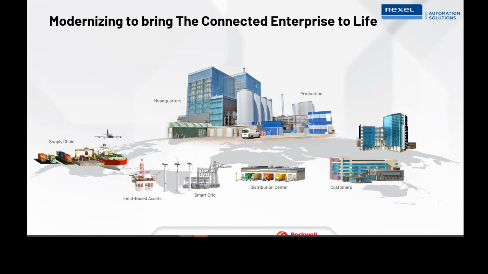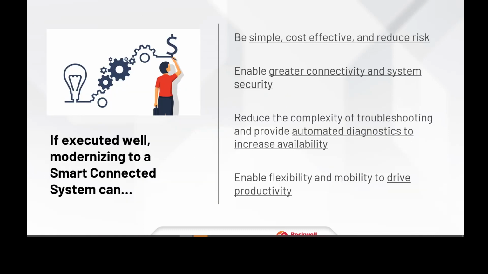So if IT has to manage them, it's not some foreign type of OS that IT might have a hard time managing. It's all about connecting the plant assets and allowing that flow of data easily.